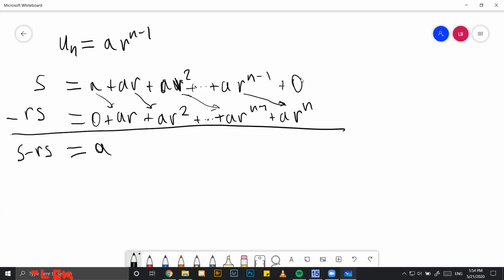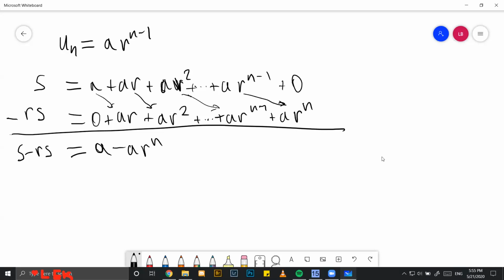The ar minus the ar is 0. The ar squared minus the ar squared is nothing, it's 0. The ar to the n minus 1 minus ar to the n minus 1, again, 0. So all of these terms will cancel out, except this last one over here. 0 minus ar to the power of n, you're going to get minus ar to the power of n. And that's your final little tidbit over there.